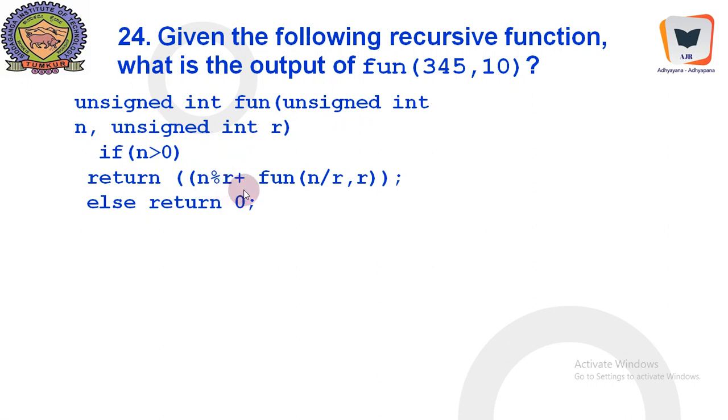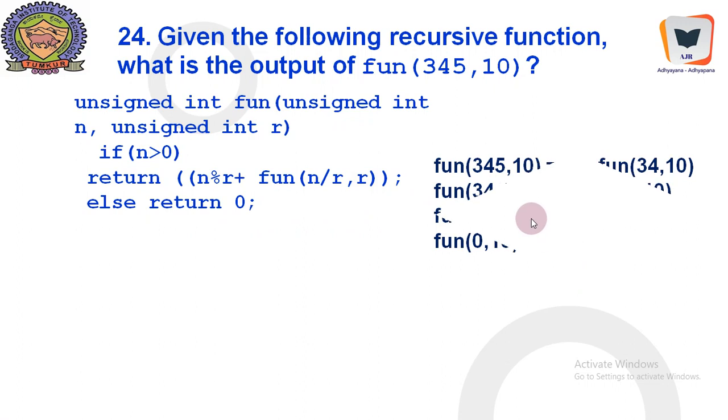N mod r will be 5 and fun of n divided by r. N divided by r is 34. Okay, 345 divided by 10 is integer division. The decimal places are truncated and what we get is 34 comma r. Okay, and we will just trace this side by side.